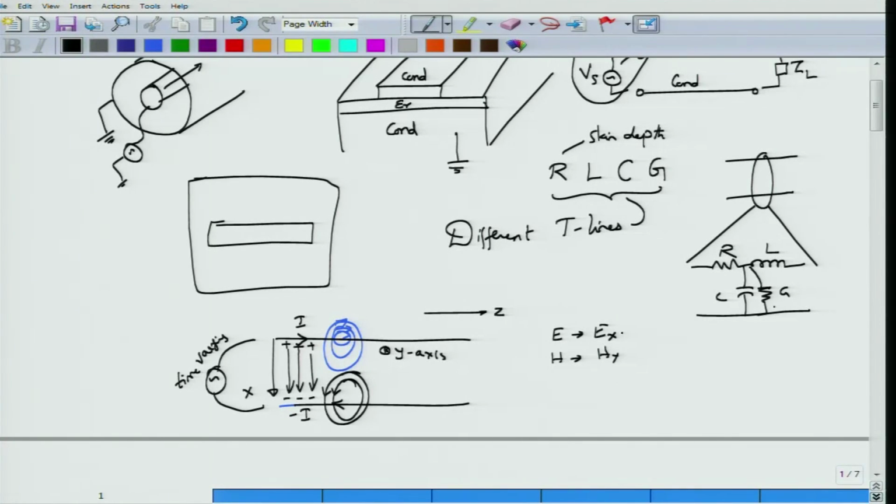Now we have an electric field directed along x and a magnetic field directed along y, both of them varying with time as well as with z, correct, because we have seen that the potential on the transmission line, or the voltage difference between the conducting plates on the transmission line, is not constant, it is actually a function of the length of the transmission line. So where on the transmission line you are situated tells you the potential difference between the two.